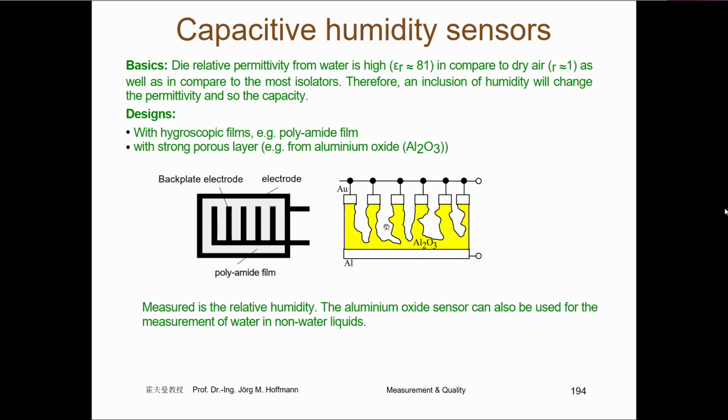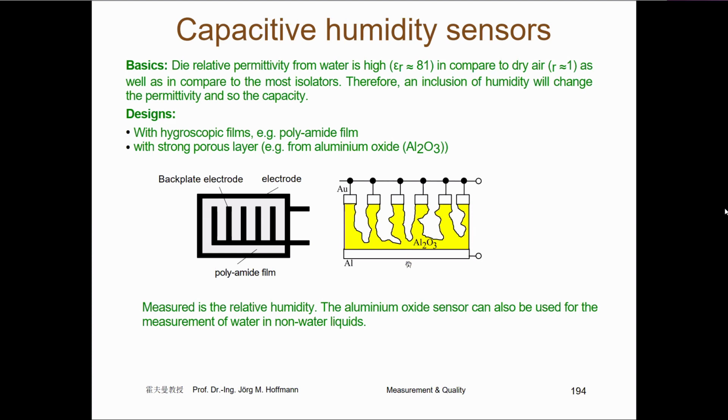And when you have a higher humidity, this part between the plates changes from air to humid air. That means the relative permittivity changes from 1 to 81.